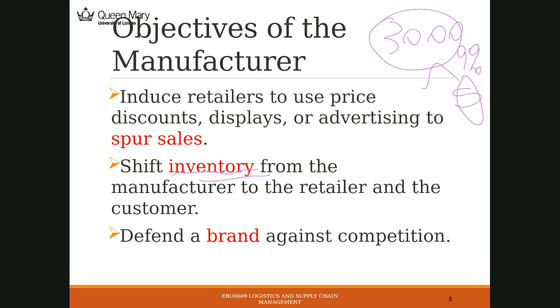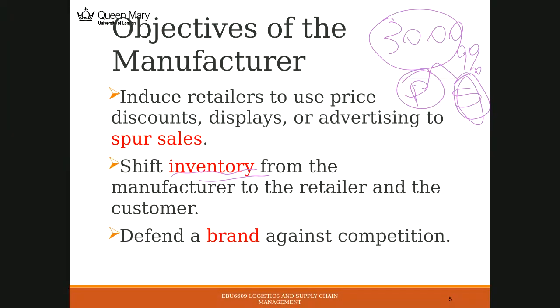So I need to do it. Shift the inventory from yourself to other people downstream, or give the promotion to the end customers or to my friends, or do something else, like use other people's warehouses and buy back later on. So all these are different ways you can deal with it.